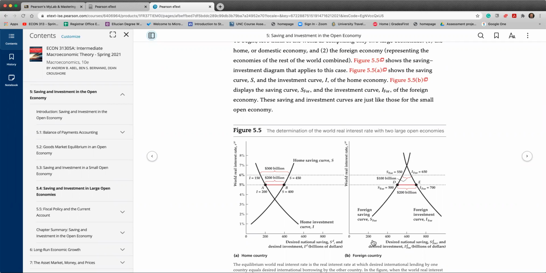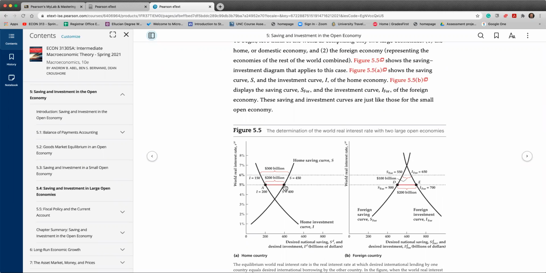And so in the world economy, what we're saying here is that desired saving has to equal desired investment plus net exports in each country, right? So we can think about that and put it in the context of what it means in the world economy. Well, when we unbundle that, it means that one country's lending has to equal another country's borrowing, right?